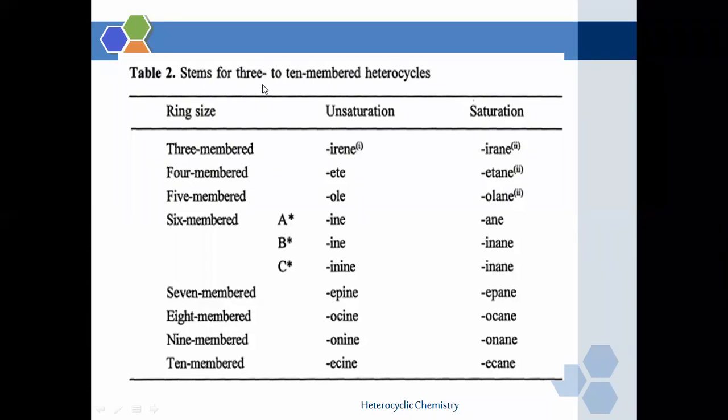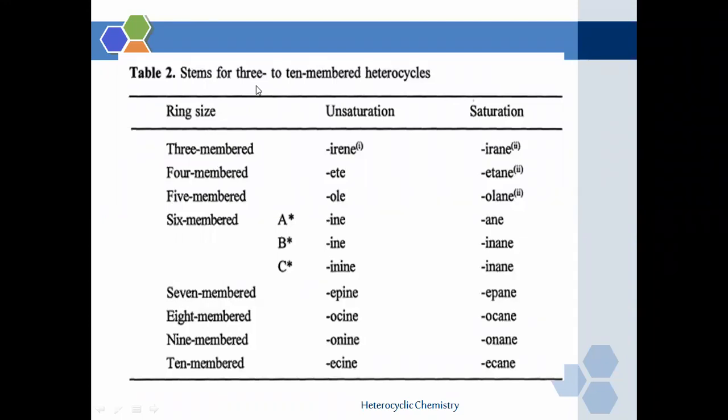Second, the same for 3 to 10 membered heterocycles. When we studied the alkanes, we studied them containing carbon number 1 to carbon number 10. Here also we are going to discuss ring sizes from 3 to 10, because whenever a compound forms a ring structure, it possesses at least 3 atoms.